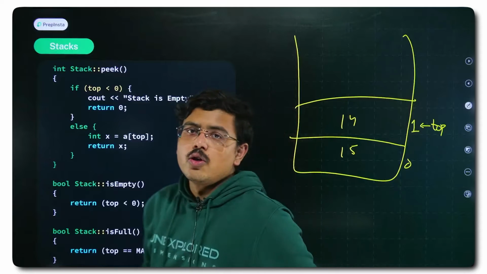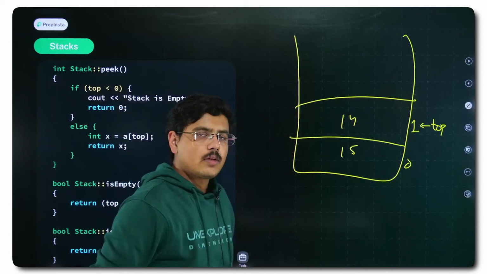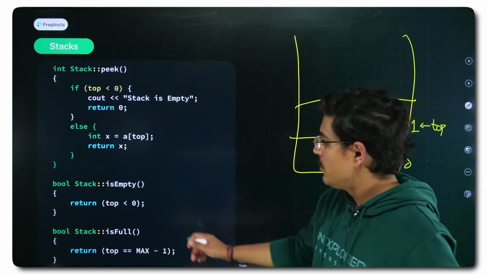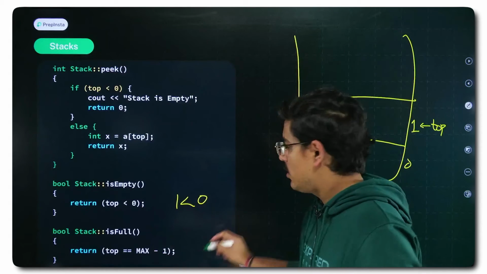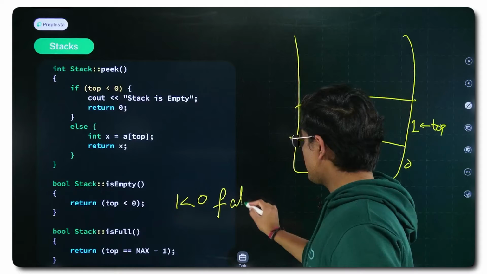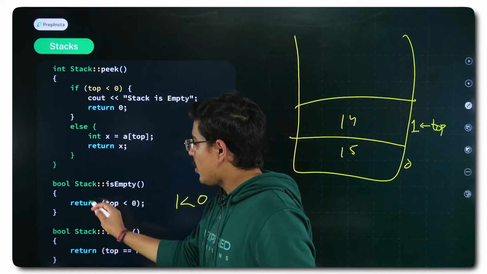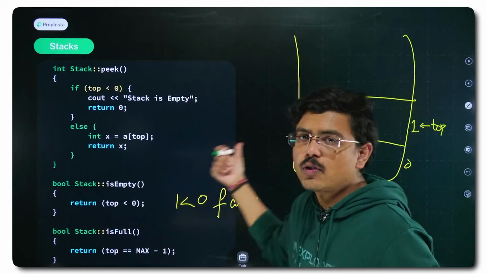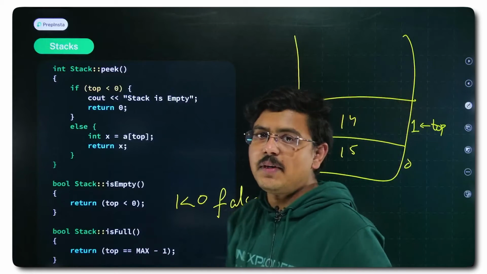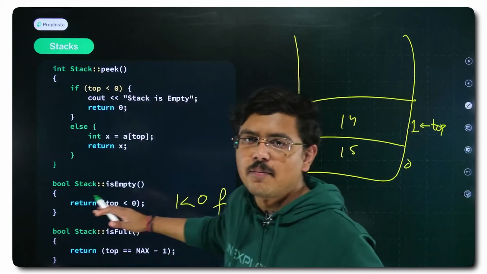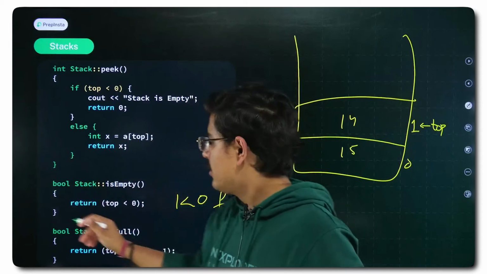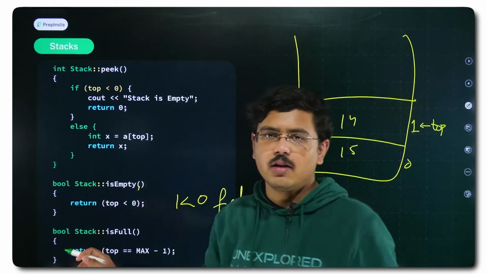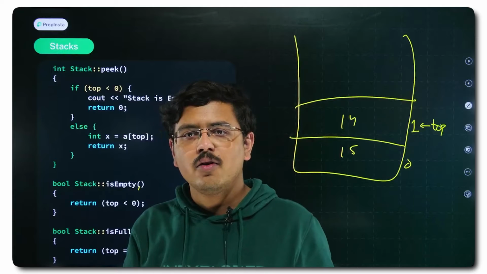In this case, when top is pointing at index 1, is 1 smaller than 0? No, it's not. This condition is false. So false would be returned, and henceforth the stack isn't empty, hence the output of the isEmpty function is false. When the stack is not empty, the isEmpty function will return false.